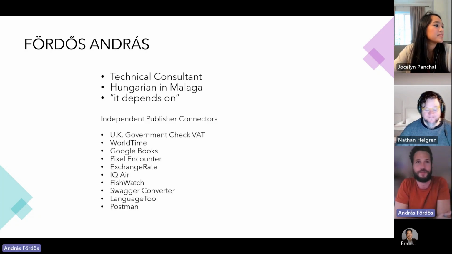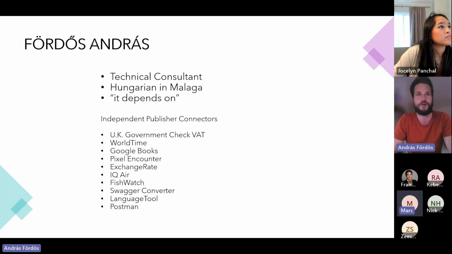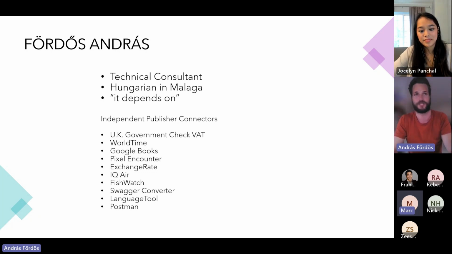And just a short part before I begin with the Google Books itself, about independent publisher connectors. I have been working so far with the list above or below, depending on your screen setup. I started getting into this probably not in the same way as many of the other ones. I didn't face a straightforward challenge that I wanted to solve and then came up with a connector for that, but rather I was interested.